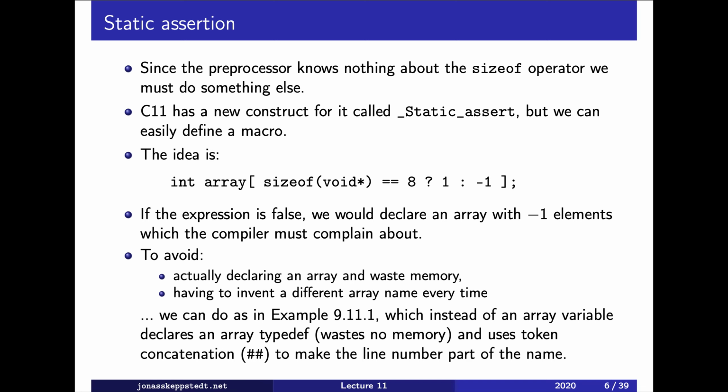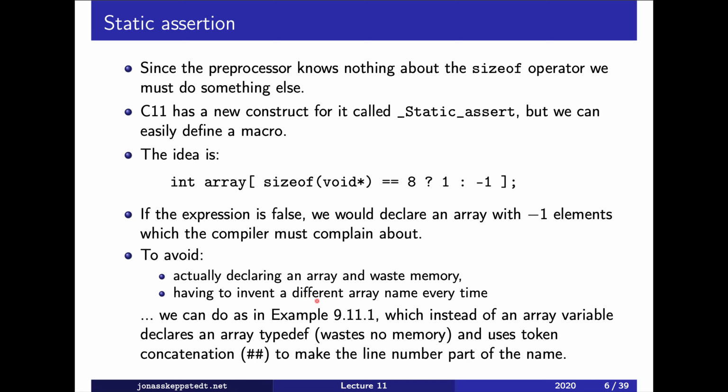Well, it's not very, but it's annoying if we can do it automatically. So what we can do is to concatenate this array identifier with the line number using this token concatenation operator. And then we can have one on each line if we wish, but not two on the same line.